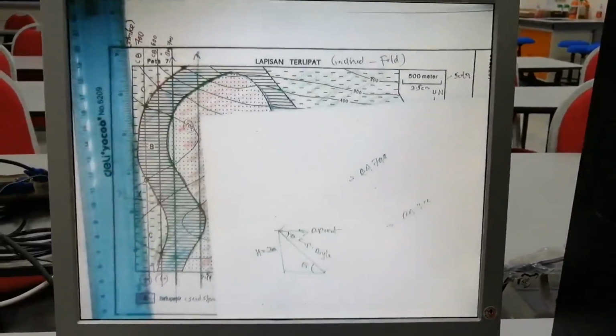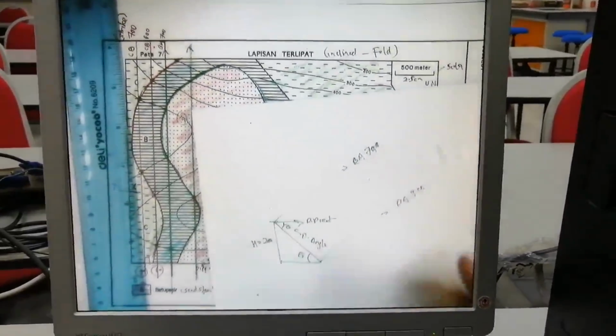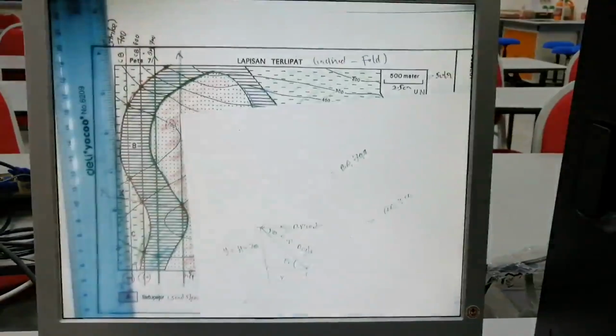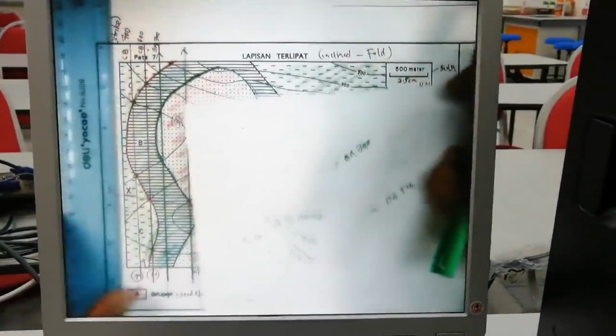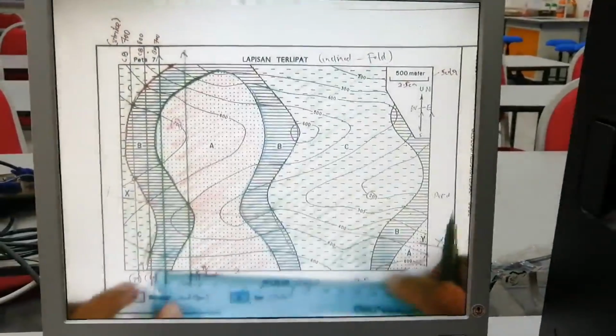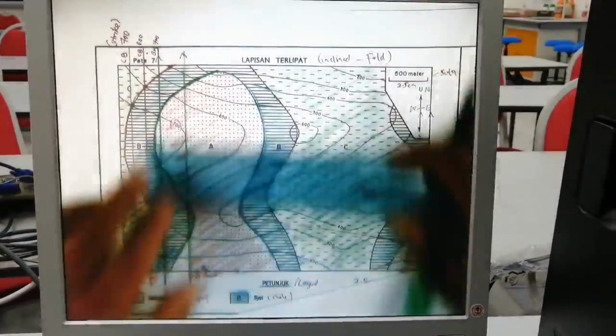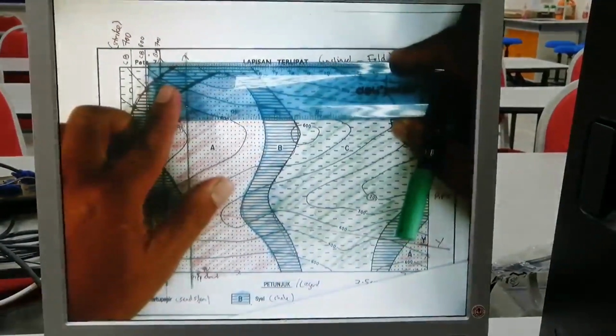So the height now is 200. What is the x here? Y is equal to h, height. X is the distance between these 2 points. These 2 points should be similar. Try to make it similar.